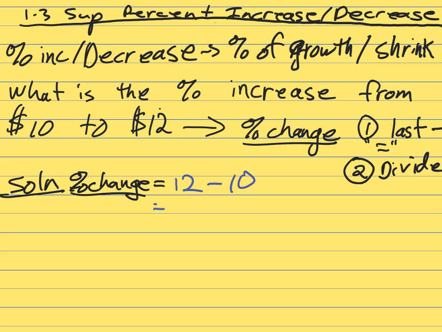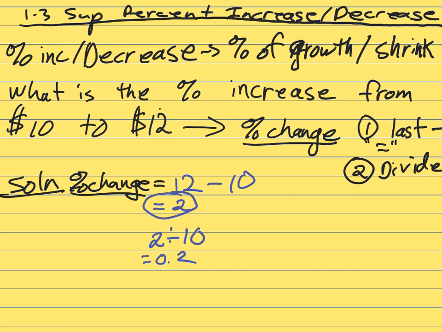What do you get? 2. So there's our start. So now, once we've done that, we must take 2 and divide by 10. And we go 2, divide by the first, which is 10. And that gives us 0.2.